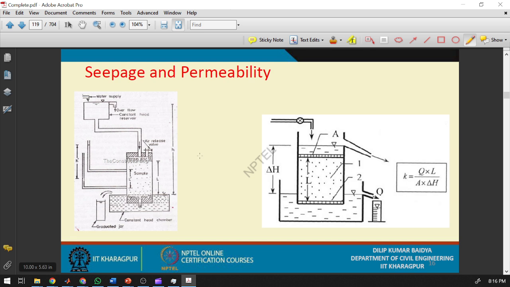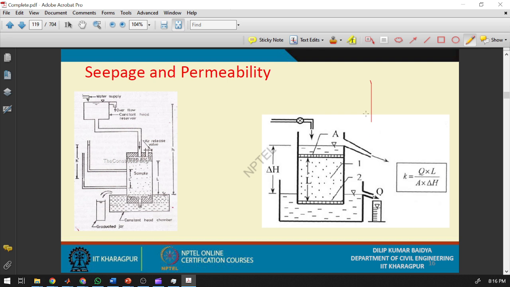So this is the constant head test, this is the falling head test. The falling head test we do for fine grained soils because the water level decreases at a lower rate in the standpipe that we are checking.